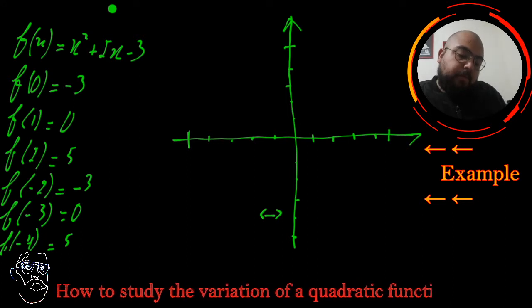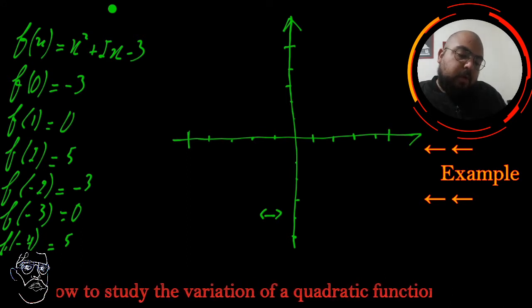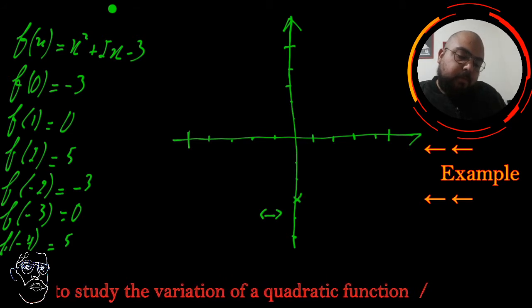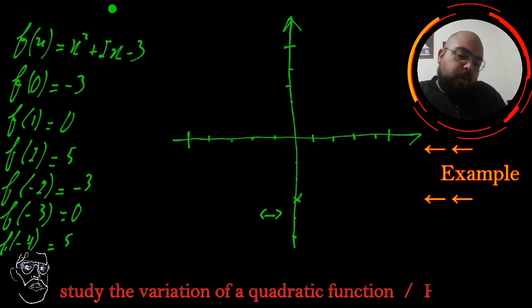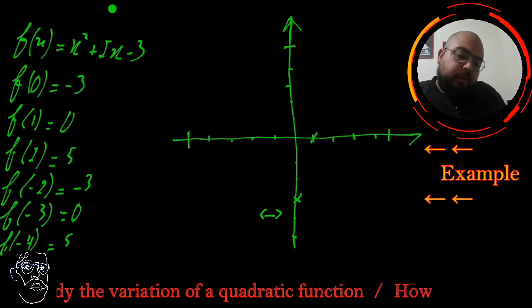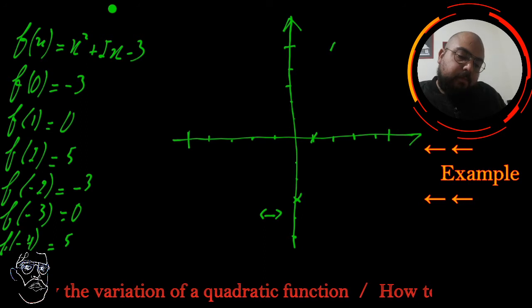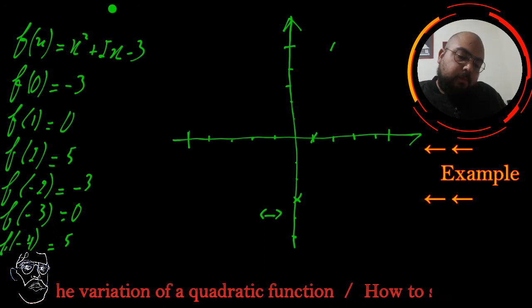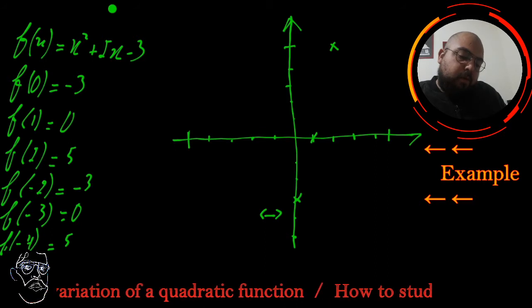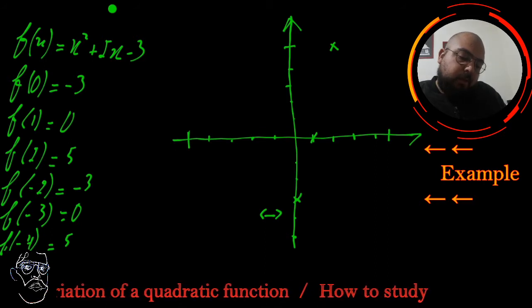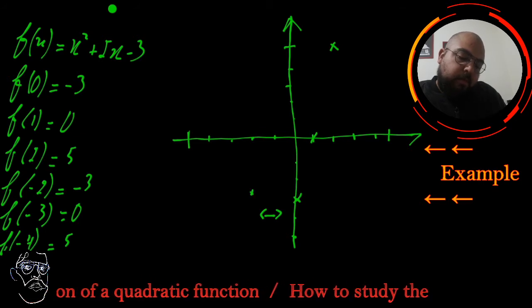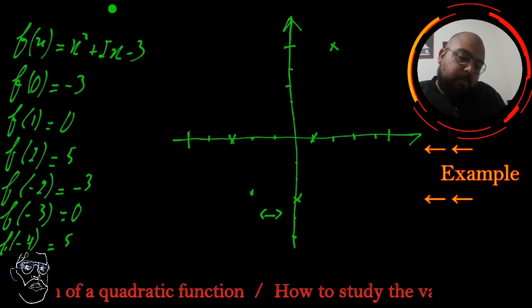And then for 0, it's -3. For 1, it's 0. For 2, it's 5. For -2 is -3. For -3 is 0.